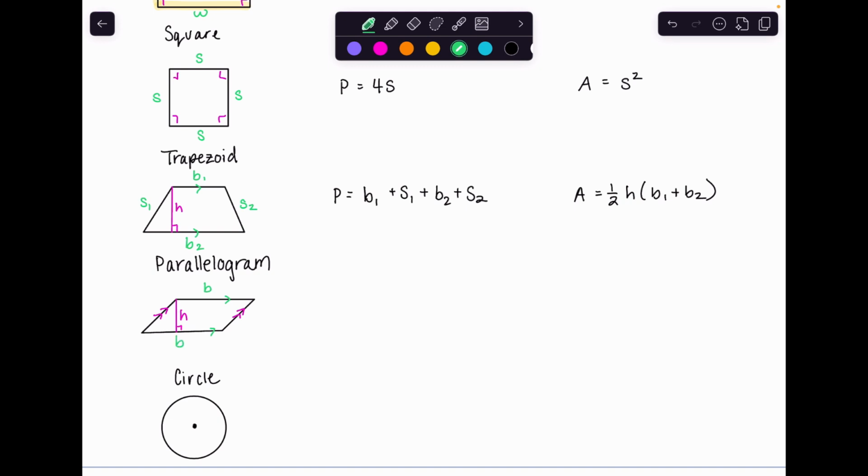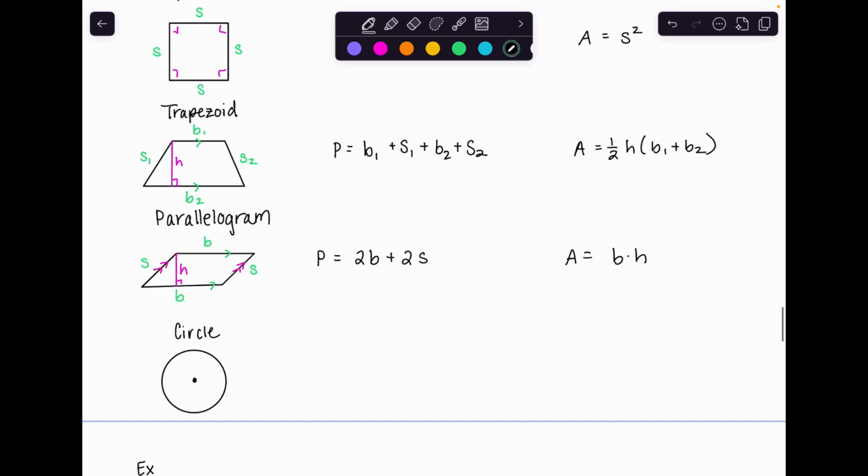And then these sides are also the same, so I'll call them S and S. So my perimeter ends up being, just adding them all together, you get 2B and 2 S's. And my area then is just going to be the base times the height. I don't need to average anything out. So same formula as a rectangle.